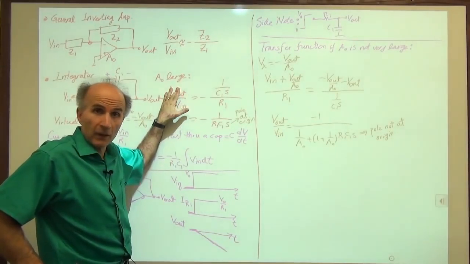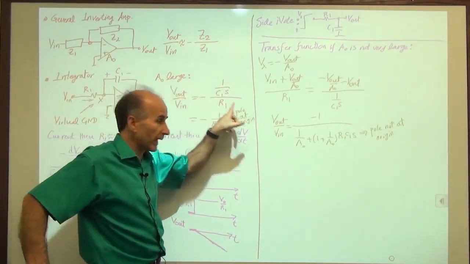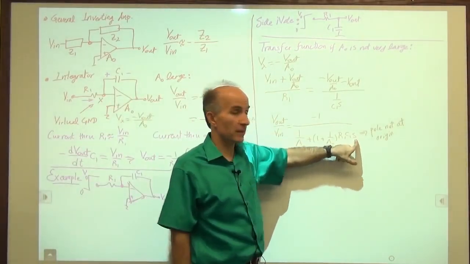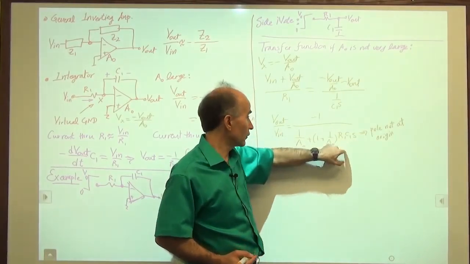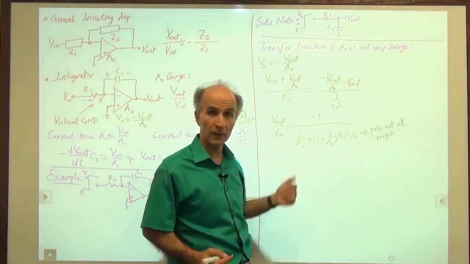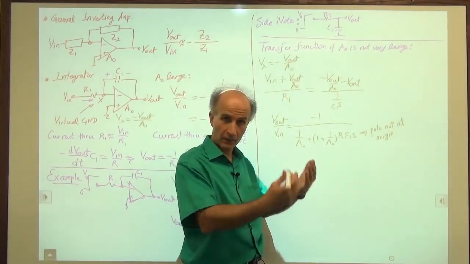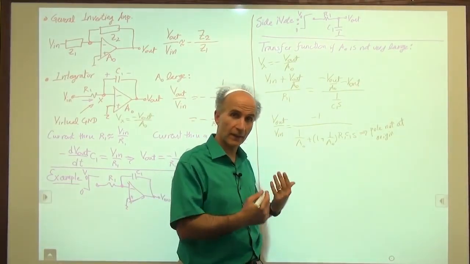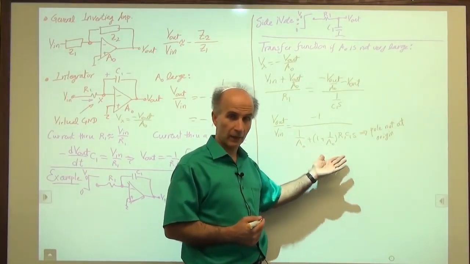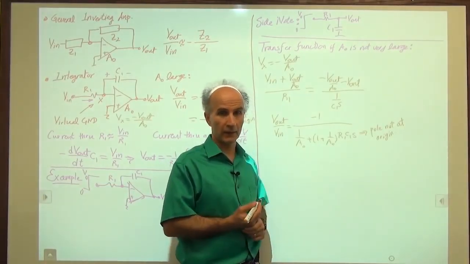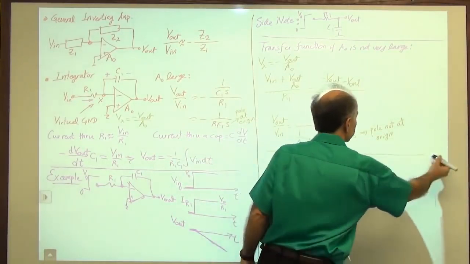And it's unbounded so long as A0 is very, very large. On the other hand, here, if S becomes smaller and smaller, the frequency of the signal becomes smaller and smaller, then eventually this disappears and we end up with only A0. So the gain is not unbounded. The gain has a certain limit. So that's the distinction that we draw between this and this. Of course, this is the realistic picture, and that tells us that the pole is not at the origin. Okay.